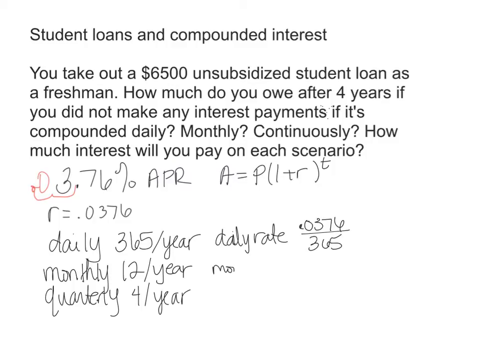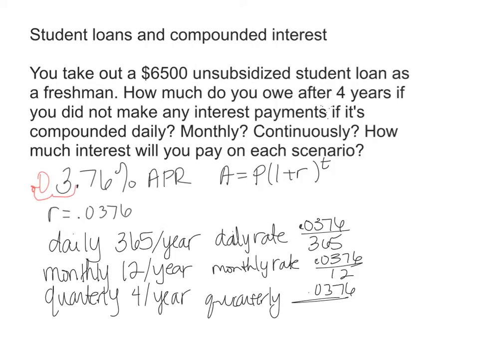My monthly rate is 0.0376 divided by 12. My quarterly rate is 0.0376 divided by 4. So whichever one it is, that's what we have to plug into our equation. And then T has to represent how many times it's going to get compounded over the life of the loan.